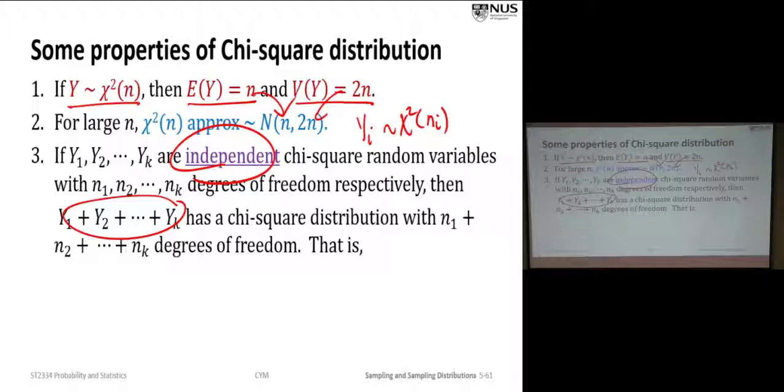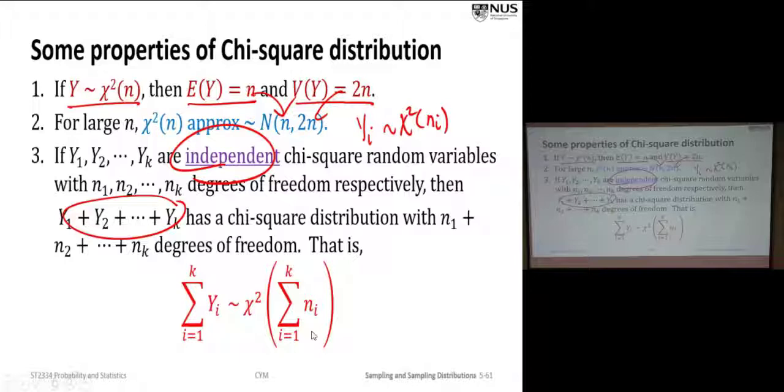But of course, you have to figure out what the mean and the variance are. They're not the same. And what else? I think Poisson also has this property. But definitely chi-square and normal have this property.